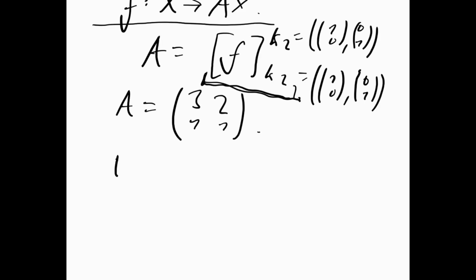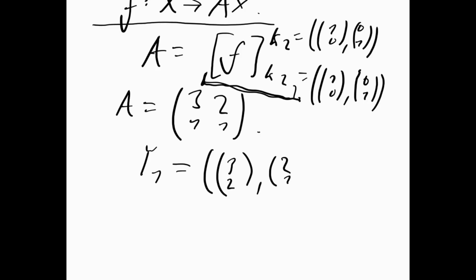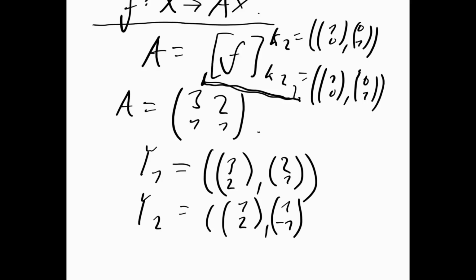Let's call it Y1. That's one basis. Let's make that (3, 2) and (2, 1). And Y2 would be a basis composed of (1, 2) and (1, -1).